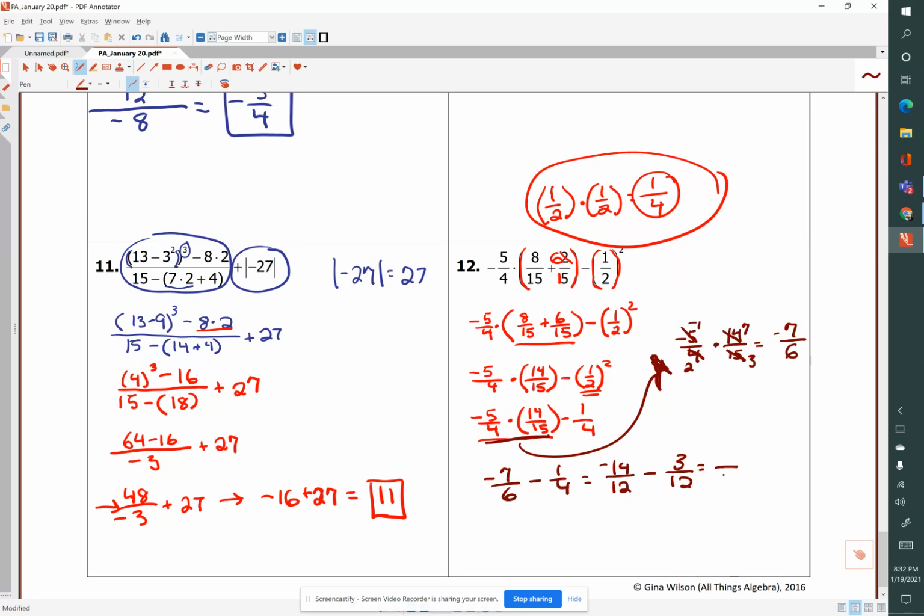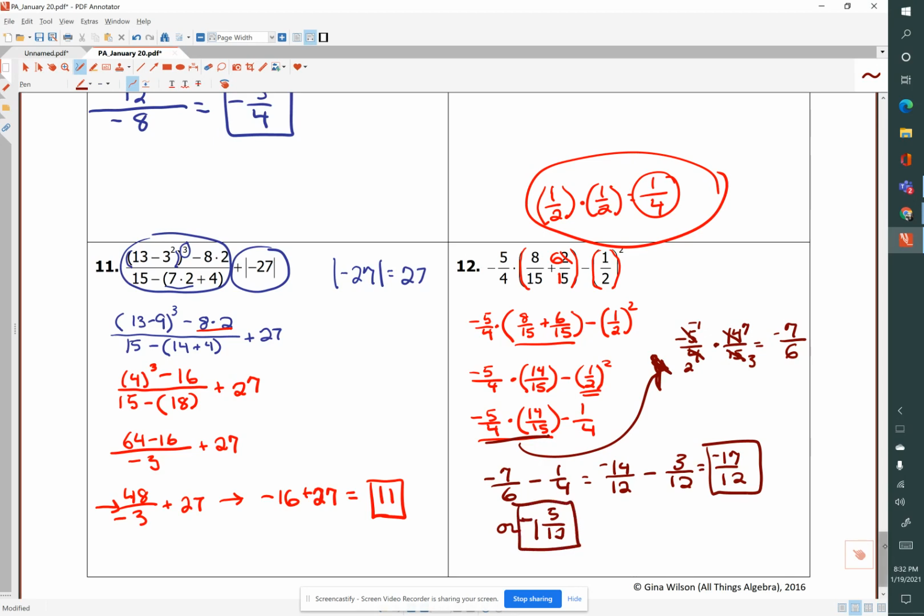Well, our answer will be in 12ths. And -14 minus 3 is -17. You could leave it -17/12, or you could convert it to a mixed number, which would be 1, and 17 minus 12 is 5/12, and of course that would be negative.